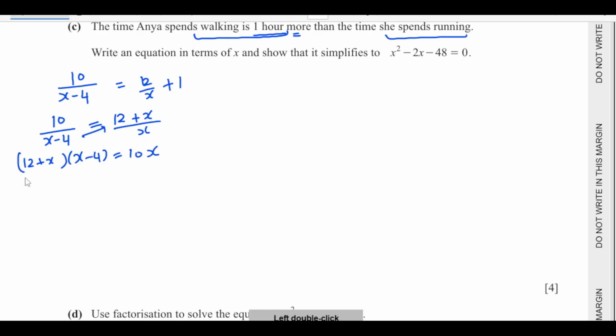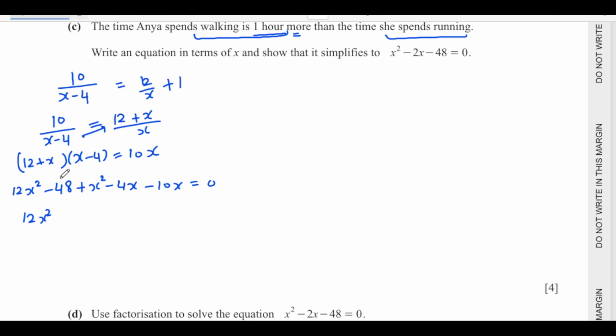Okay. Now expand the bracket. It's 12x minus 12 times 4, 48, plus x squared minus 4x minus 10x equals 0. Sorry, if you multiply, this is only x here, we don't have the other term.